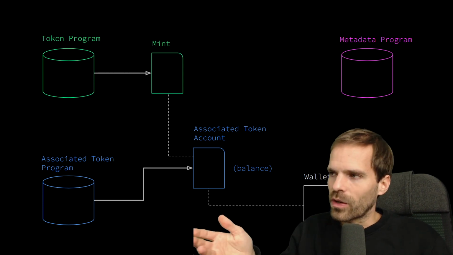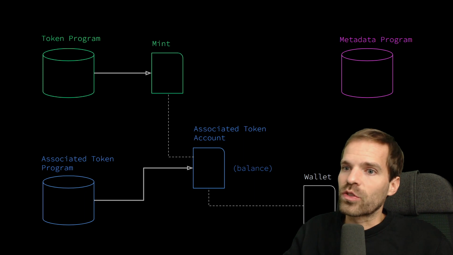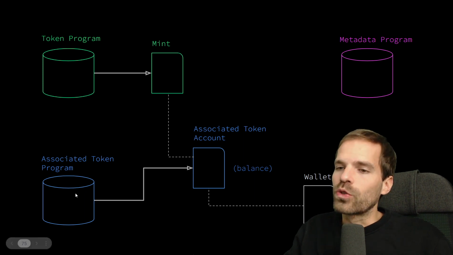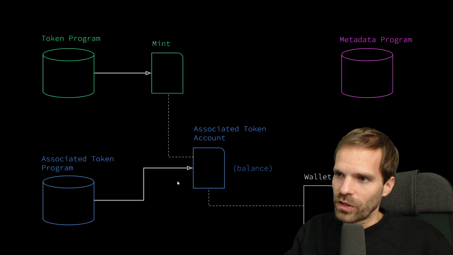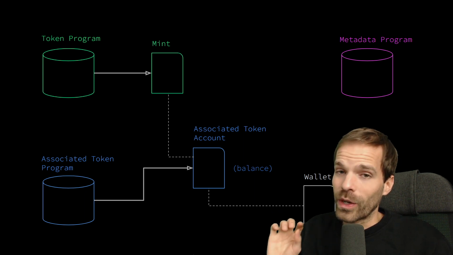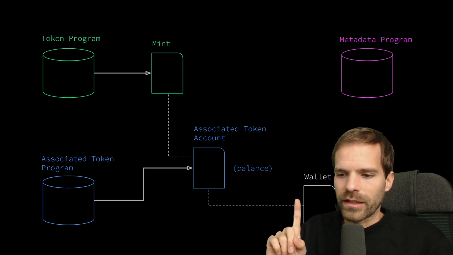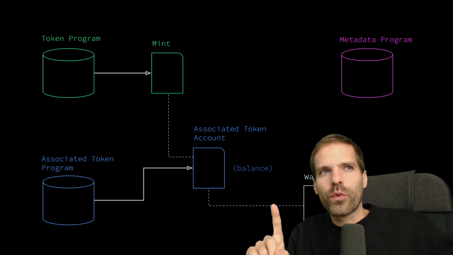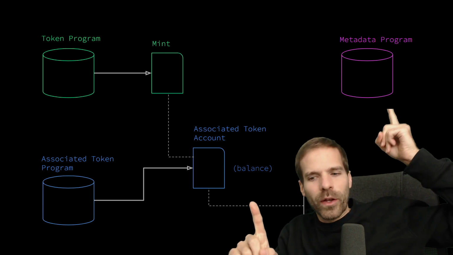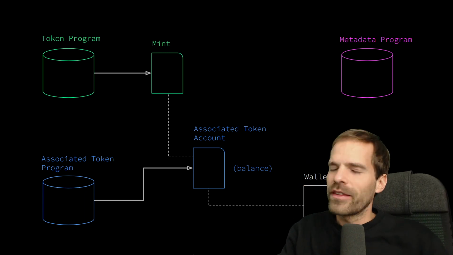Really, I just need any token account, but it's good practice to use the associated token program to derive the associated token account, which is a PDA, which we did not talk about yet, which is another very important concept in Solana development.